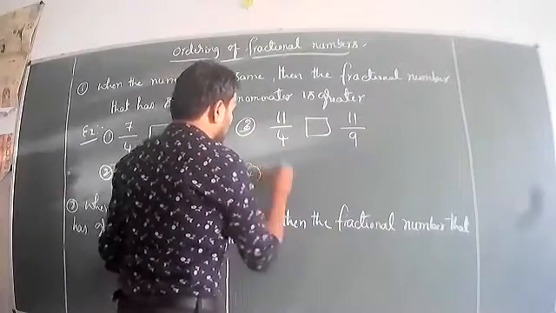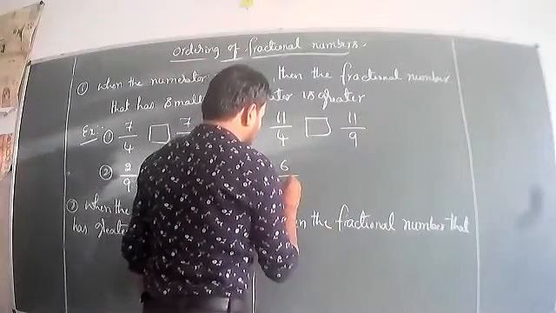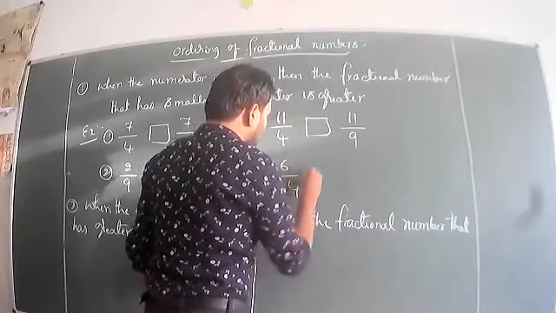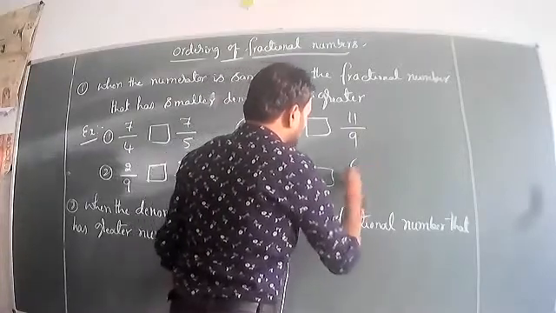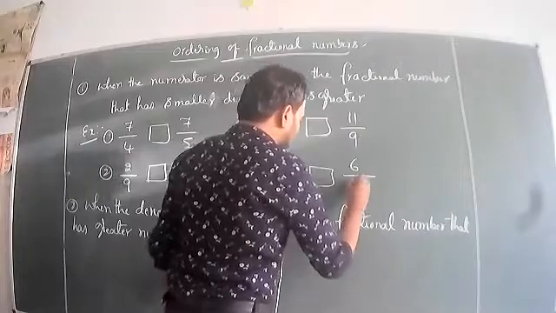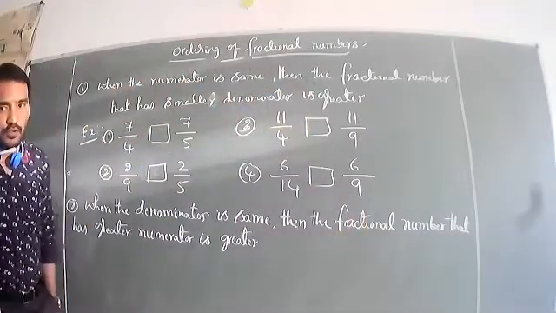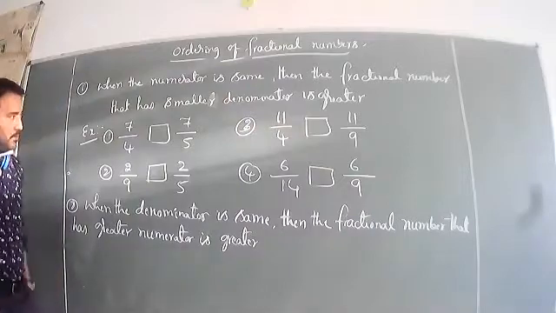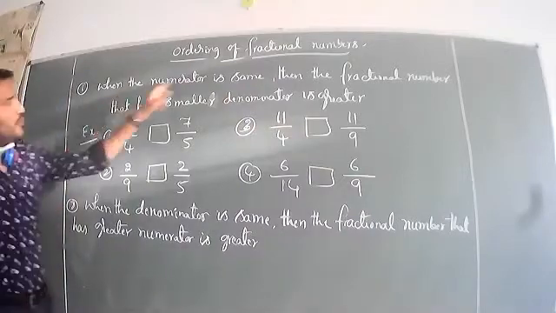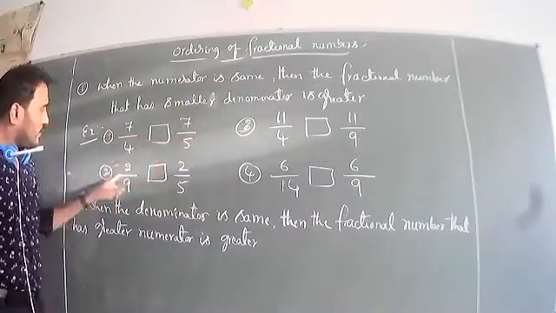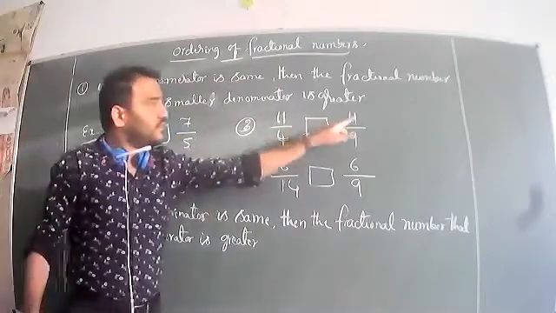Fourth: 6 by 14 and 6 by 9. Look at these examples. In each, the numerators are the same: 7 and 7, 2 and 2, 11 and 11, 6 and 6.